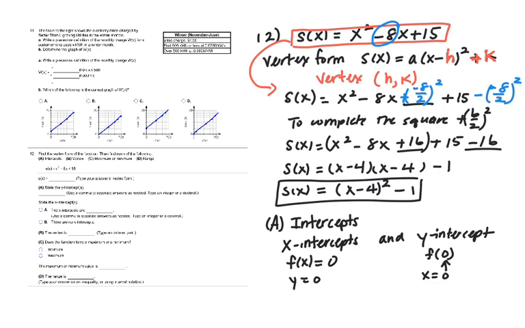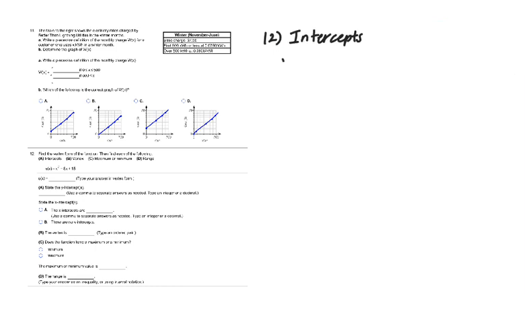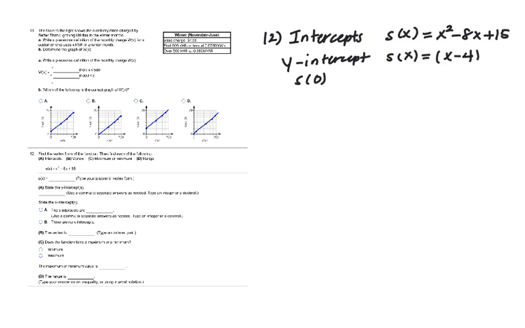Let's look at the y-intercept first. For our y-intercept, we'll evaluate our function for 0. Our function was given as s of x equals x squared minus 8x plus 15. You can use this function to evaluate, or you can use the vertex form, x minus 4 quantity squared minus 1. I'm going to use the standard form.